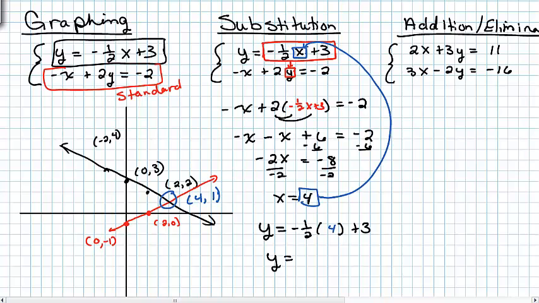So y equals negative 1/2 times 4 is negative 2, plus 3 gives us y equals 1. So we have the point 4, 1 as our solution.